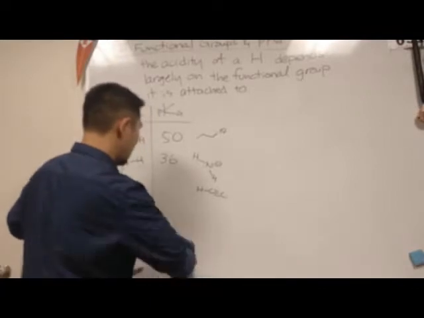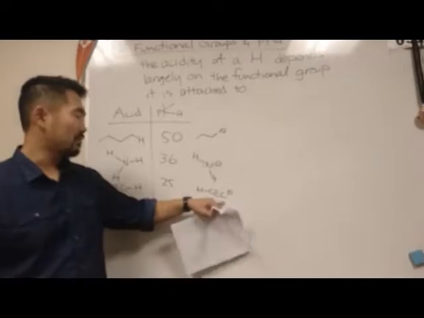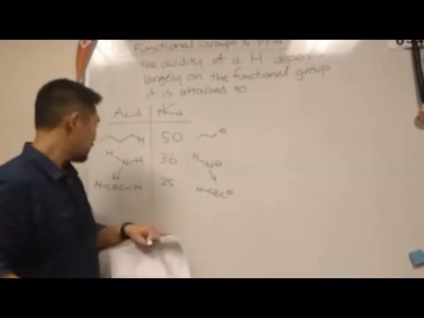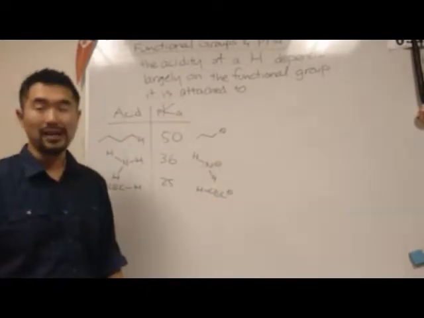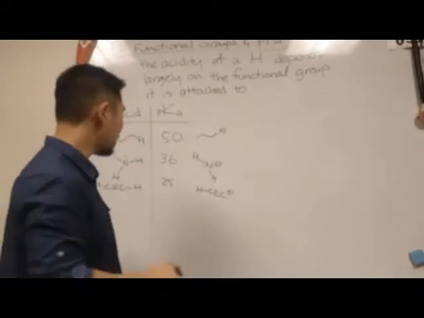So this is around pKa of 25. This negative charge is a lot more stabilized by the carbon, more so than if you were working with an alkane. And so for that reason, that's fairly acidic.